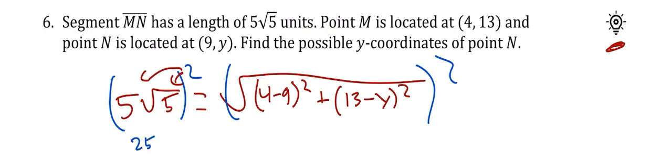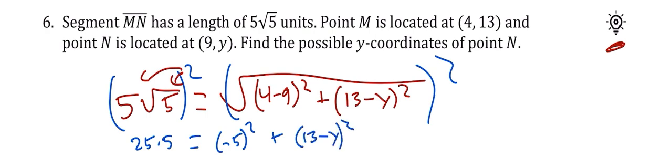Root 5 squared pops out of the radical, so just 5 times 5. And then equals, squaring this side pops all this stuff out of the radical, so we can get rid of that. 4 minus 9 squared is (negative 5) squared plus (13 minus y) squared.